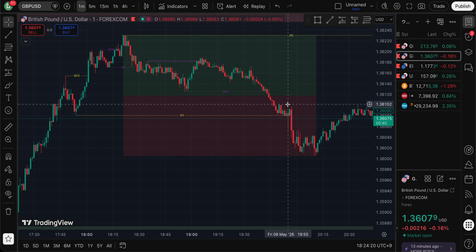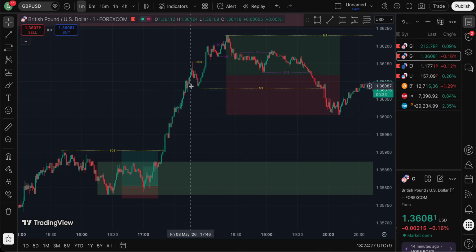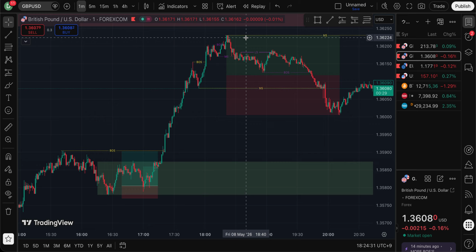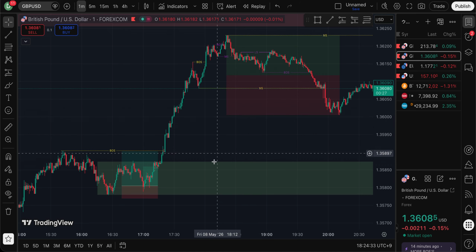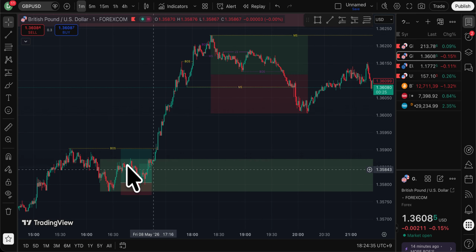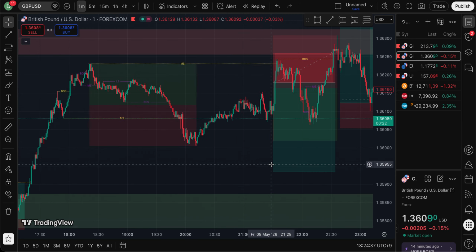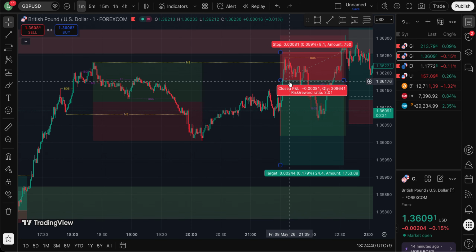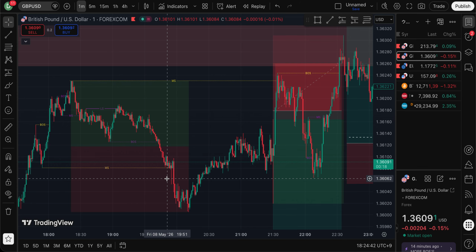I wouldn't enter a long position here because price was way above the premium zone, right? So I was actually hoping the price would pull back to this demand zone right here. That's why I entered for this trade after this mark shift.